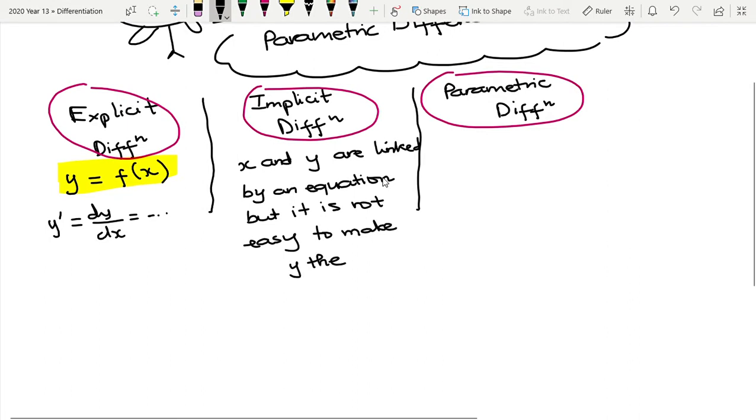And therefore, that's why we need implicit differentiation, because we can't explicitly write y in terms of x. All right, so that's the deep meaning behind doing this.